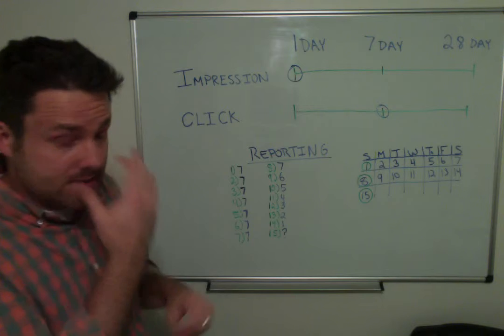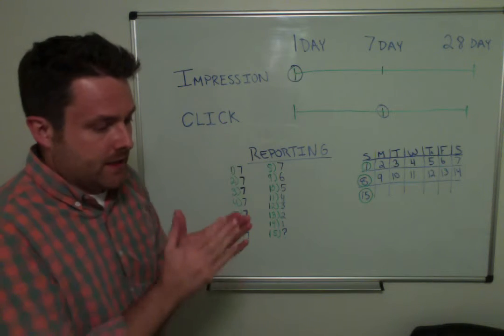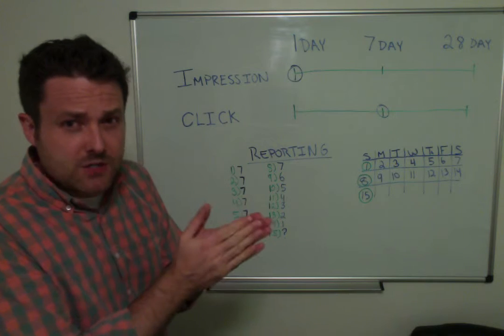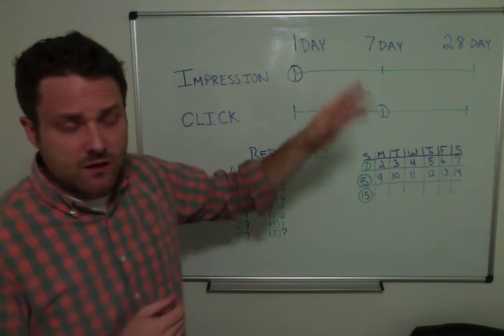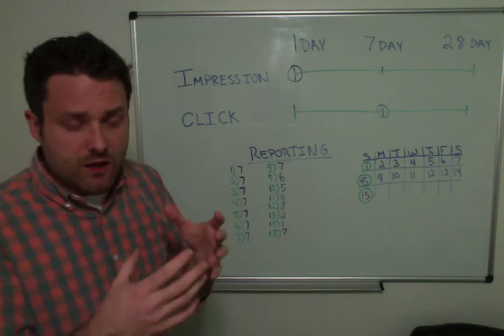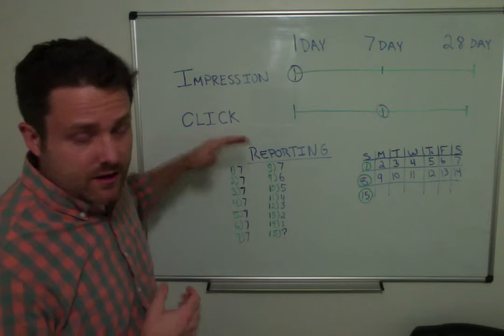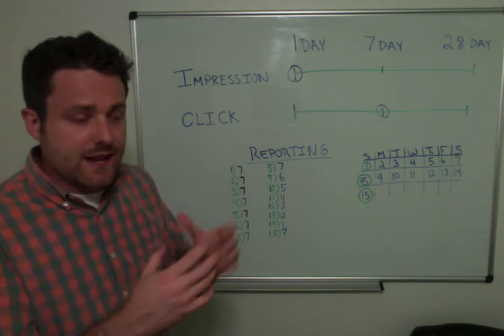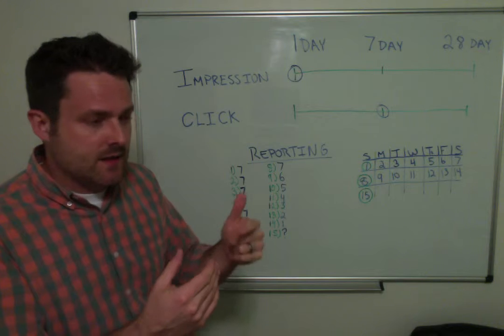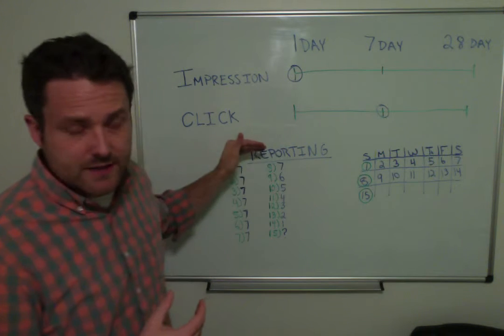So what that means is, from the time of the impression, Facebook will look for 1 day and see any revenue that was attributed to that impression. Likewise, it will look for anyone who has clicked, and then it will wait 7 days to see if any revenue has been attributed to the person who clicked.